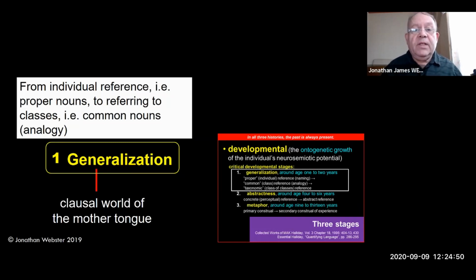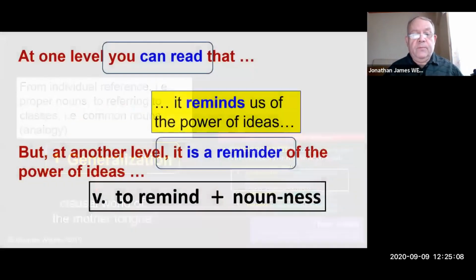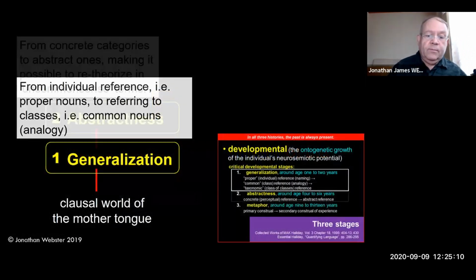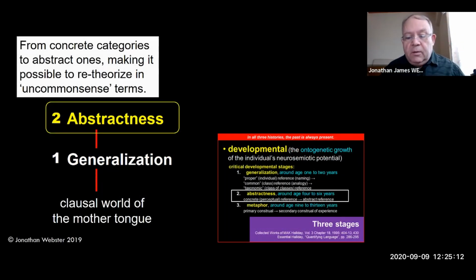Generalizing. This is the class to which these people belong. That's generalization. They become common nouns. So you move into this ability to generalize, age 1 to 2 years. This becomes an ability that we have in language. From age 4 to 6, the child is able to deal with abstractness.